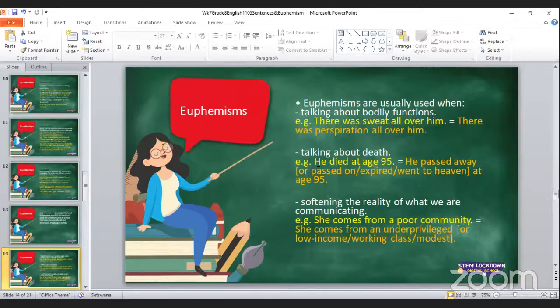There's a certain family, they are mourning the death of their 95-year-old grandfather, and you're saying he died at age 95. That sounds very insensitive. Okay, that sounds very unsympathetic. So a better way to say this would be to say he passed away at age 95.